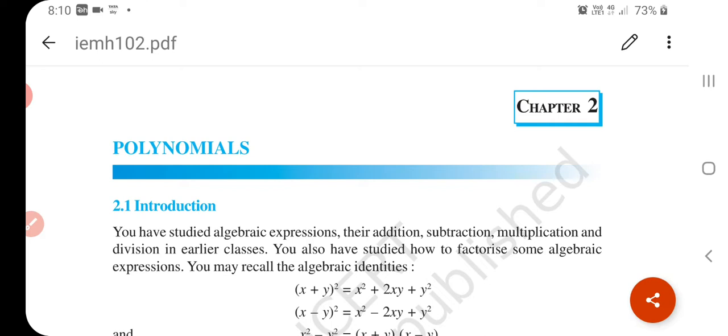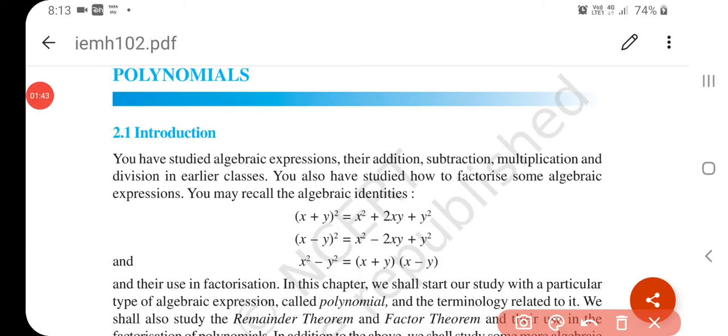In the previous classes, you also have studied some algebraic identities. In 8th standard, you have learned some algebraic identities. In this chapter, we shall review those algebraic identities and shall study some more algebraic identities and their use in factorization and in evaluating some given algebraic expression. Understand?